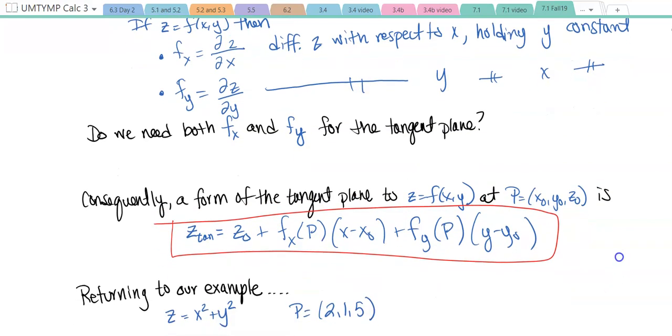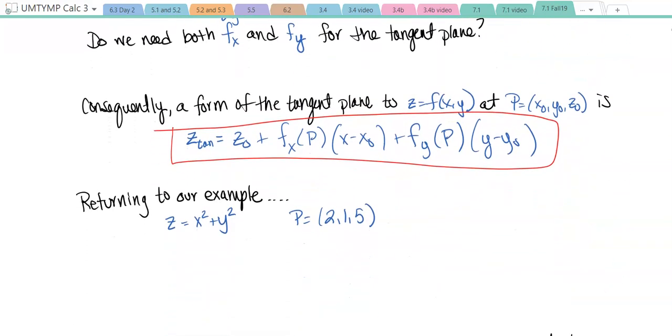Okay, so that's the idea that we are going to hang on to as we go back to our example. If we do this, we can calculate f sub x. If we take the derivative of the function, holding y constant, this whole thing would drop off, and I would just have to differentiate x squared, so I get 2x. Similarly, f sub y is equal to 2y.